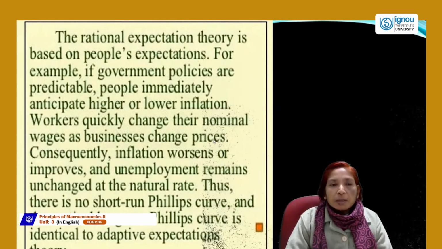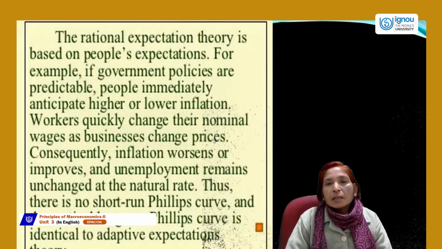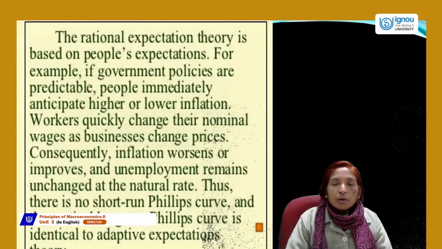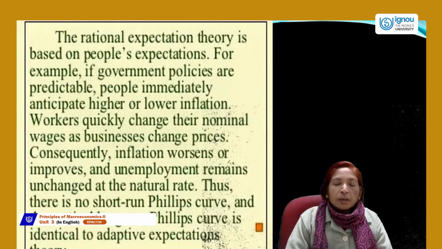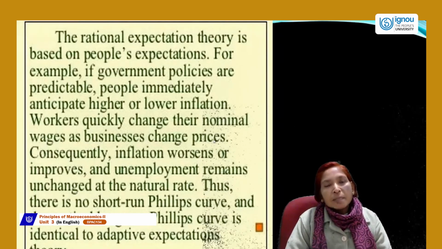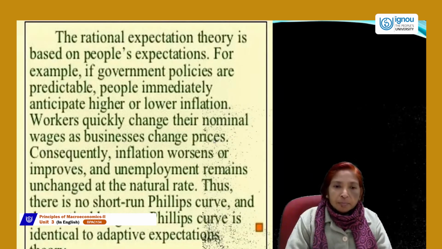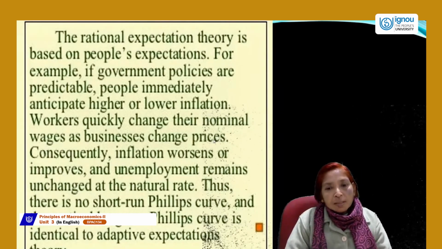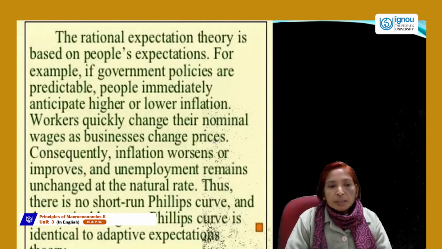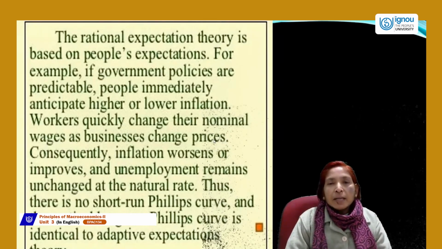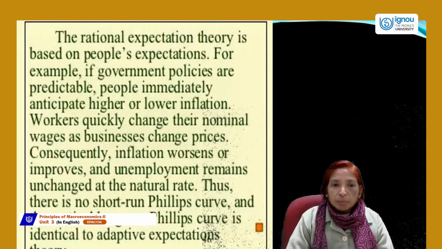For example, if government policies are predictable, people immediately anticipate or predict higher or lower inflation. Workers quickly change their nominal wages as business changes price. Consequently, inflation worsens or improves and unemployment remains unchanged at the natural rate of unemployment.